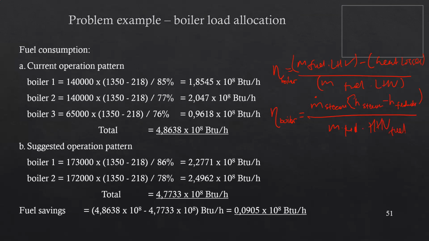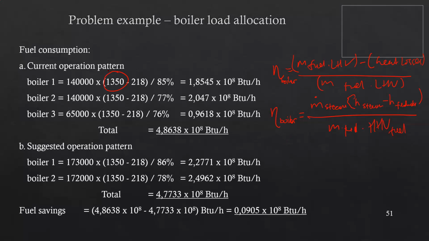So there are actually two approaches here to calculate the efficiency of the boilers. Based on the calculations given in the slide, we know that the H steam is this: the specific enthalpy of the steam is 1,350 BTU per pound.